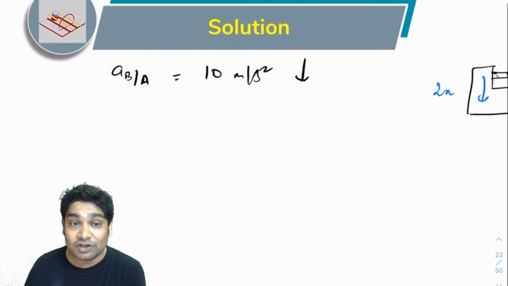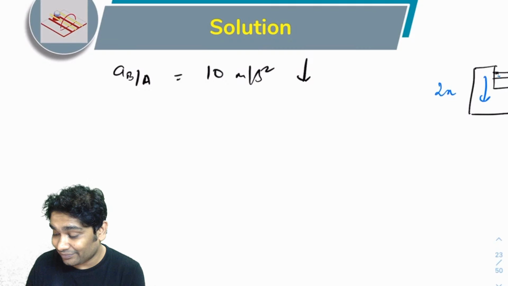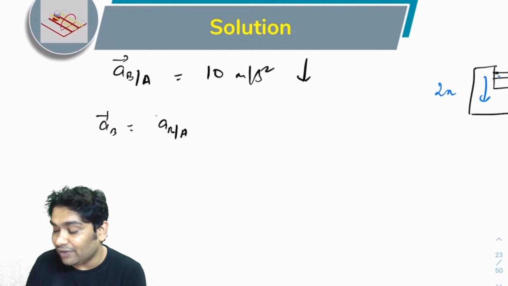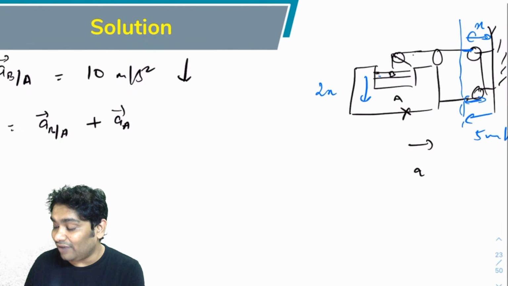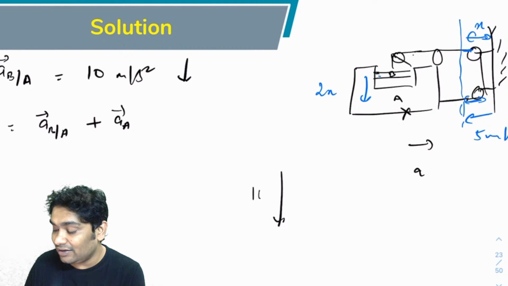What will be the acceleration of B in the ground frame? Acceleration of B in ground frame would be acceleration of B with respect to A vector plus acceleration of A vector. You have one vector which is down 10, another vector which is here 5.